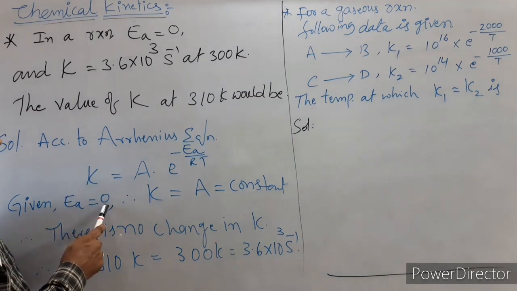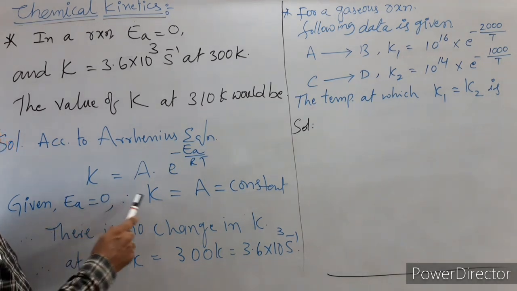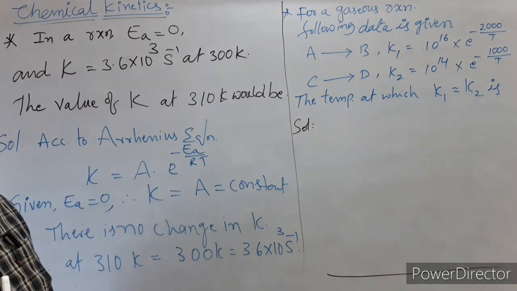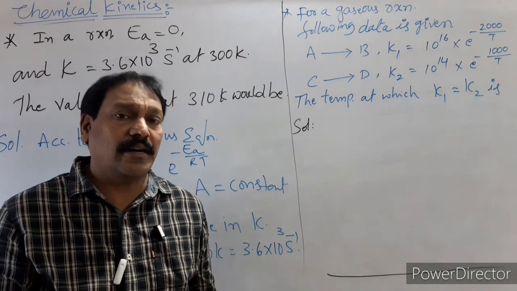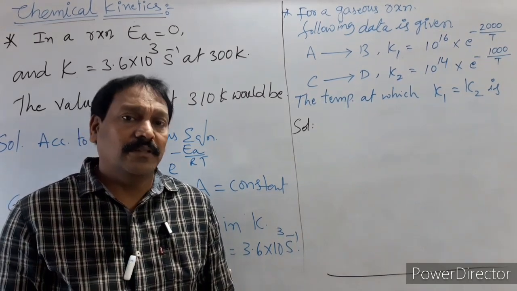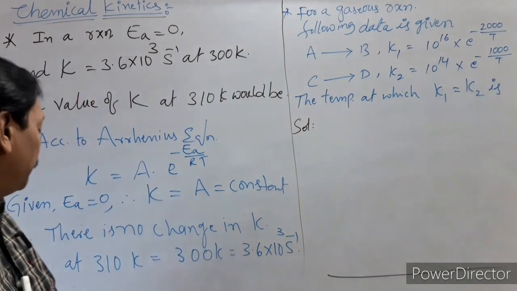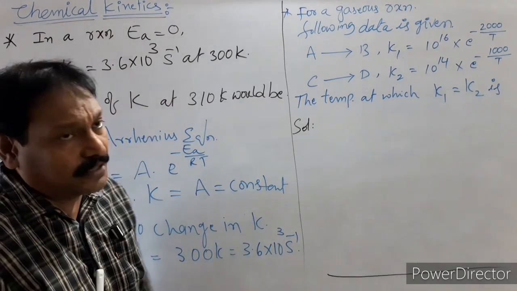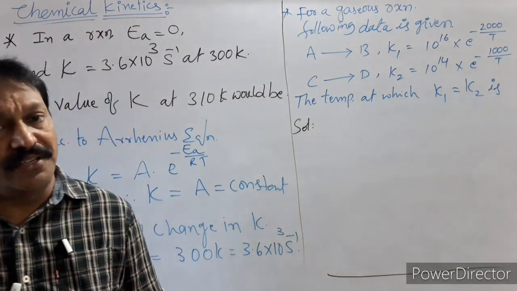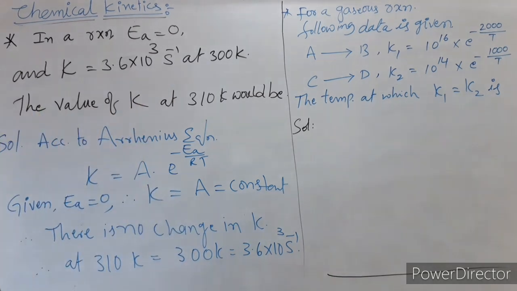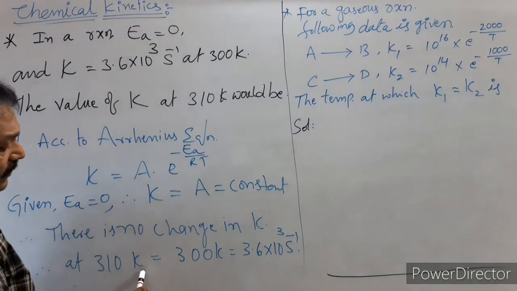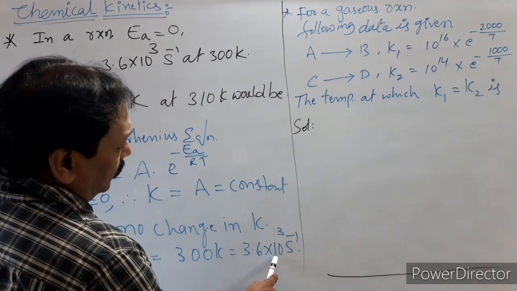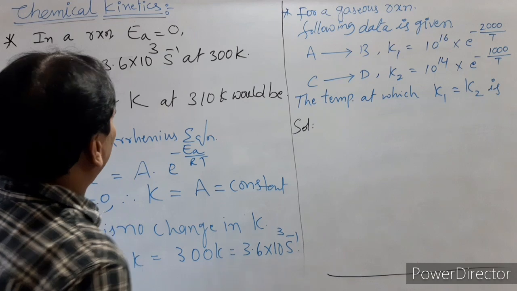If activation energy equal to 0, K becomes equal to the pre-exponential factor. We already discussed it. It is a constant. So there is no change in the rate constant K as temperature increases. So K at 310 K is equal to K at 300 K, which is 3.6 into 10 power 3 second inverse.